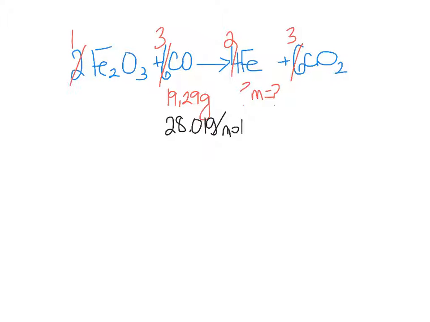Yeah, but I'd like people to start doing some math in their head. Okay, what is the molar mass of iron? 55.85 grams per mole.